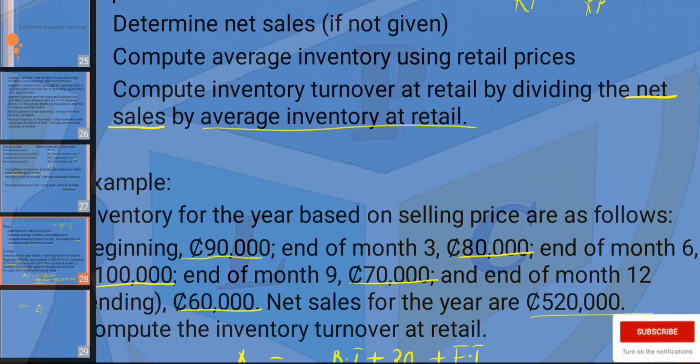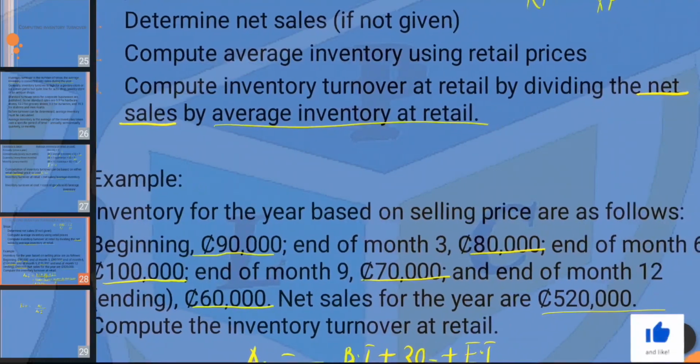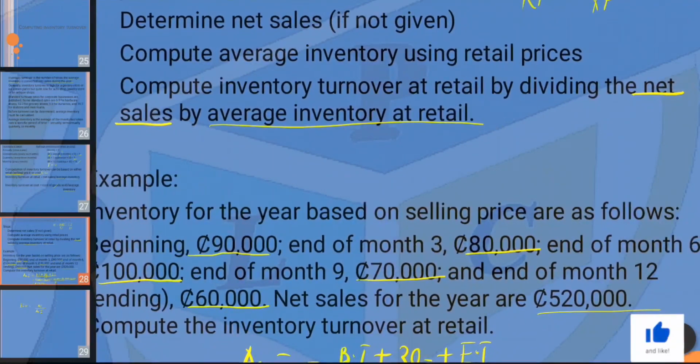I can say that inventory turnover, which I represent as ITO, is going to be the net sales divided by your average inventory. Okay, so your net sales divided by your average inventory. We know that the net sales in the question was 520,000 Ghana cedis.